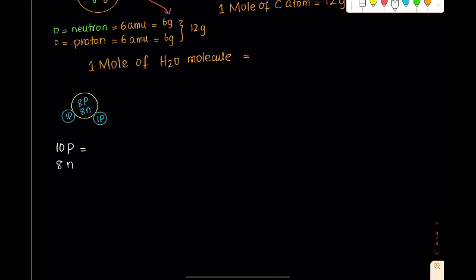So 10 protons means 10 AMU and 8 neutrons means 8 AMU. This means that this will be 10 grams, this will be 8 grams, and they make 18 grams. So 1 mole of water molecules is equal to 18 grams of water molecule.